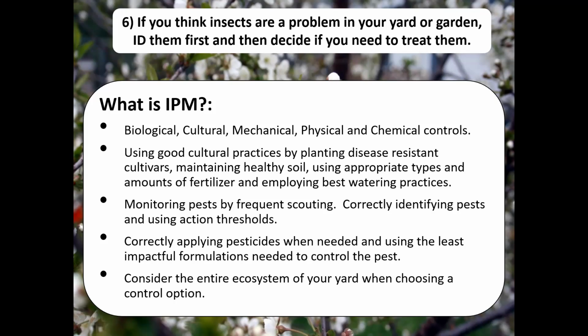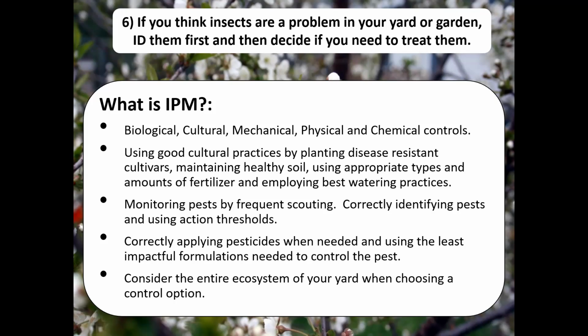Most of those are going to be a lot simpler to kill when they're soft-bodied than when their exoskeletons have hardened. So make sure that when you're identifying your pests, you get the right pest. And we're always here at Extension. So if you don't know what it is, just reach out. We're happy to identify whatever it is that you might have or think you have a problem with.